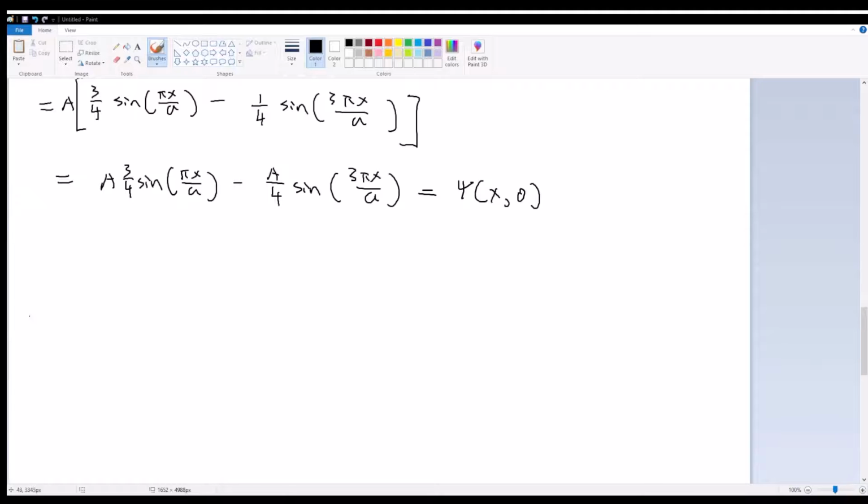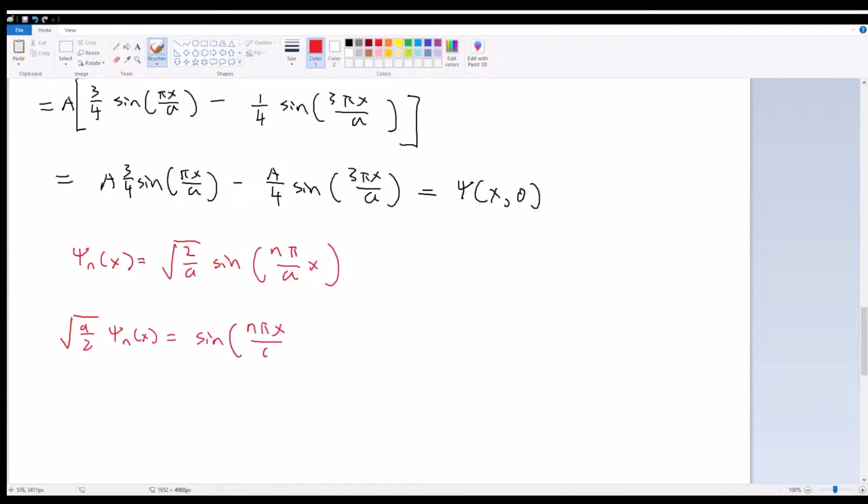Yeah, so we can recognize that in red, psi n of x is equal to square root of 2 over a times sine n pi over a times x. And this is for the infinite square well. So square root of a over 2 times sine n pi x over a.